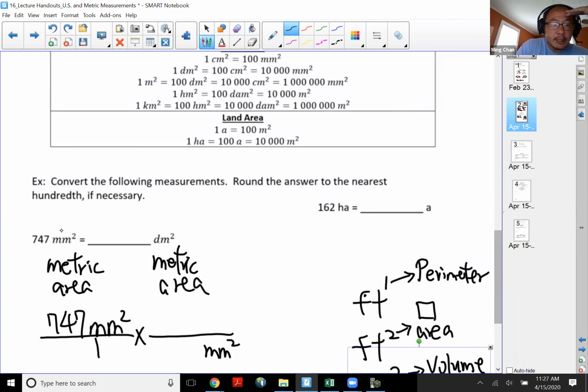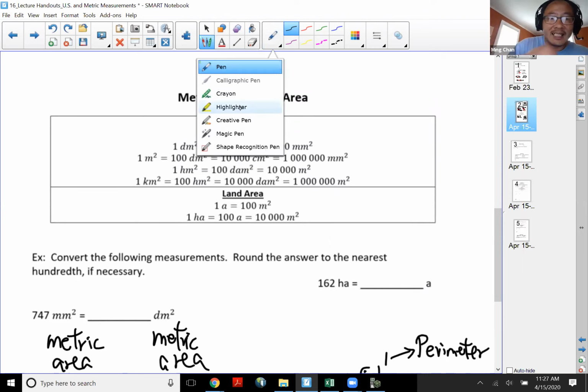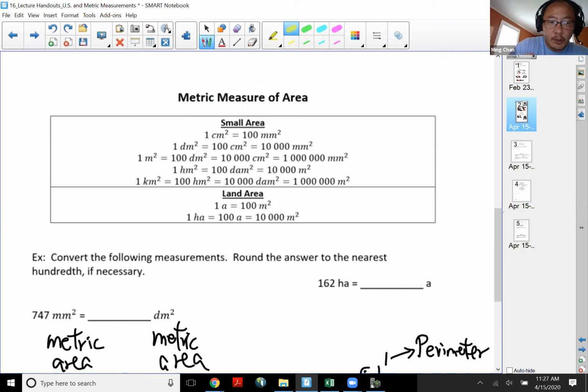All right, I'm starting with square millimeter. I need to go to square deci. Square milli. Do you see square milli? Okay, I'm going to highlight all the square milli. One right here, one right here, one right here. Okay, which one of those 3 will take me to square deci?